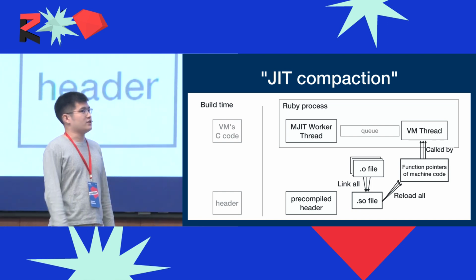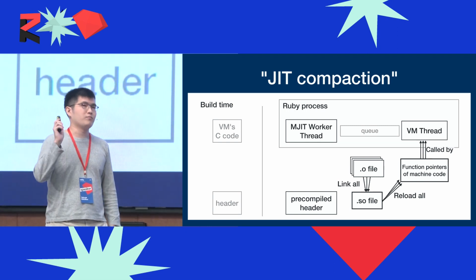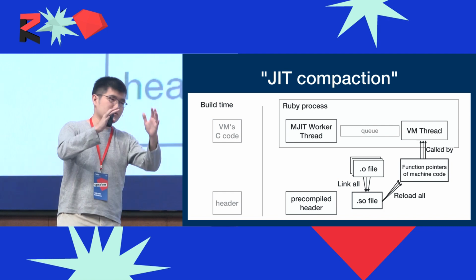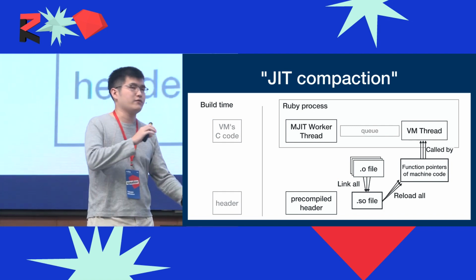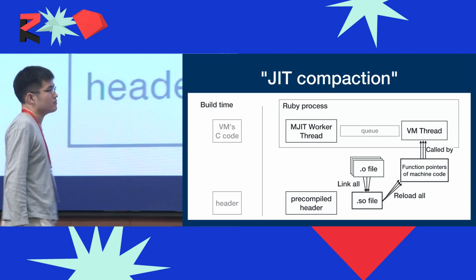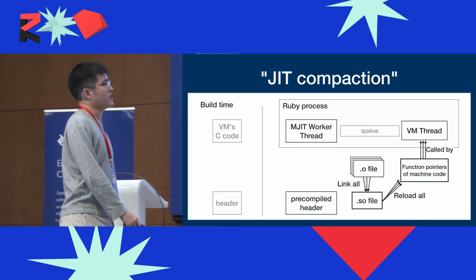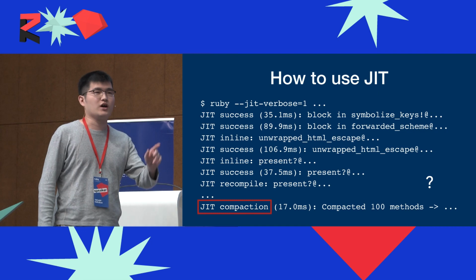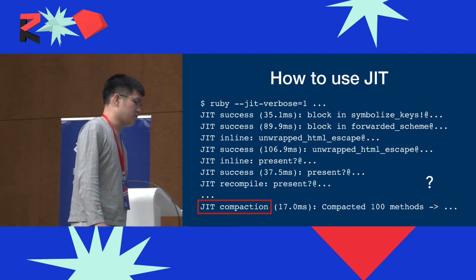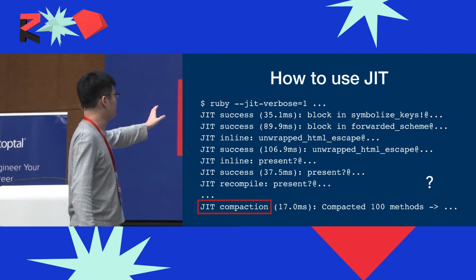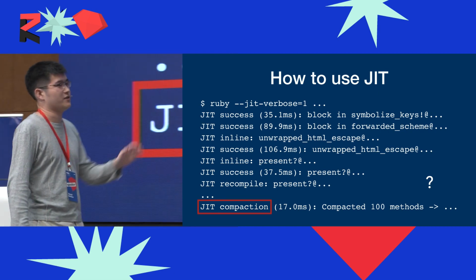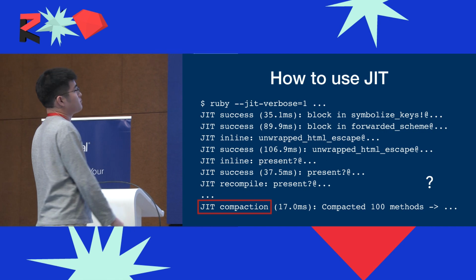By doing that, it improves memory access performance a lot, because if the code is very close together, cache efficiency is improved. This is called JIT compaction, and if you want to benchmark Ruby's JIT, you may want to wait for JIT compaction to appear, because it significantly improves the performance.